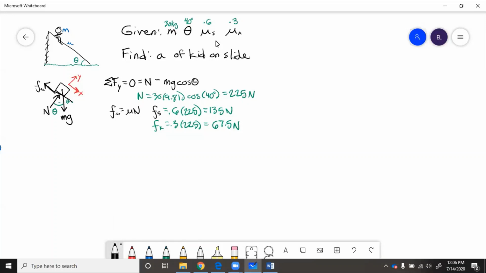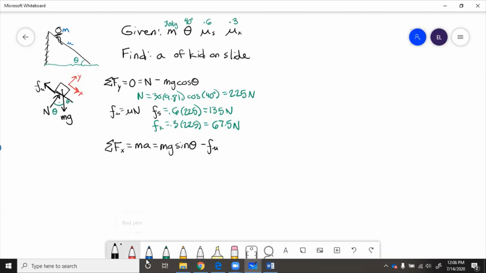And then the x forces, sum of the forces in the x direction equals mass times acceleration. That equals the component of the weight that's pulling down the slide, which is the sine component, mg sine theta, minus the friction force that points up.